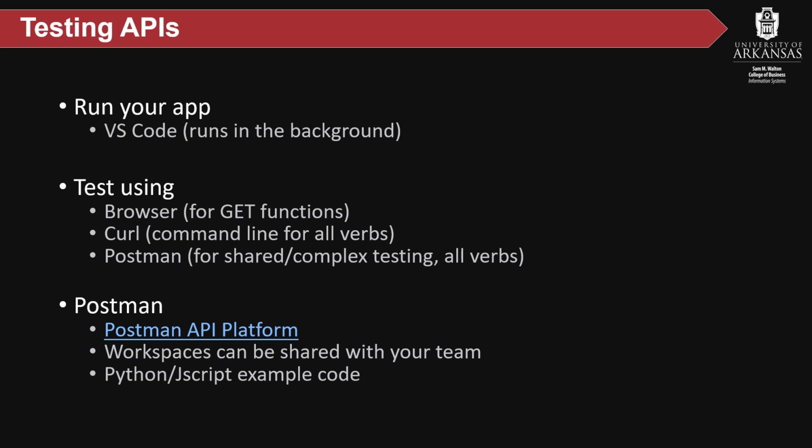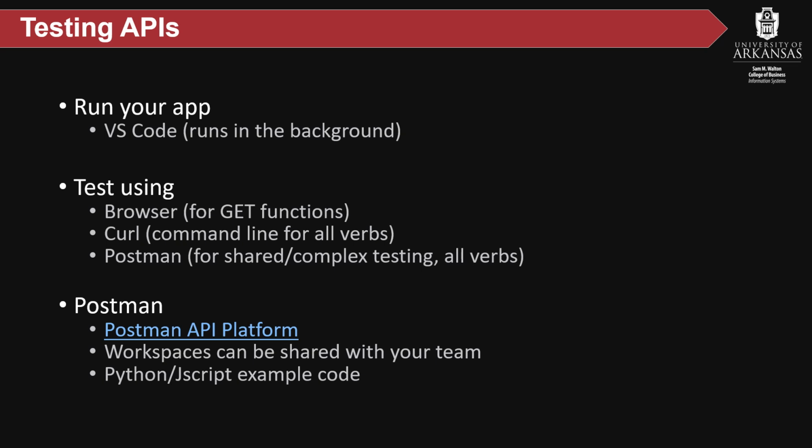Finally, once your API has been planned, documented, and implemented, you're going to need to be able to test it. And you can start testing. You run your code in VS Code. We're going to show you some examples of how to build your API in one of the group assignments. But when you run your app, it will run in the background.